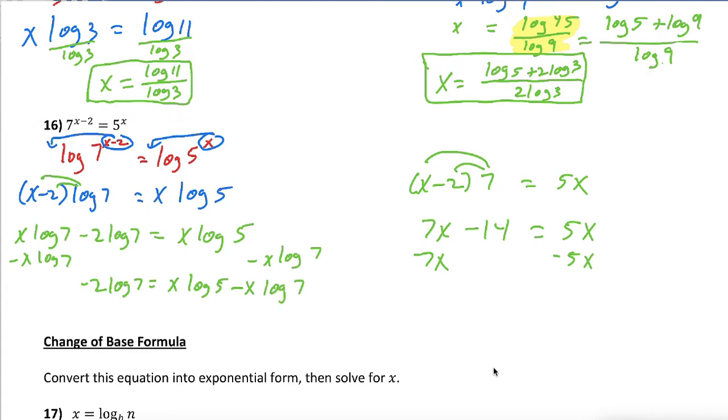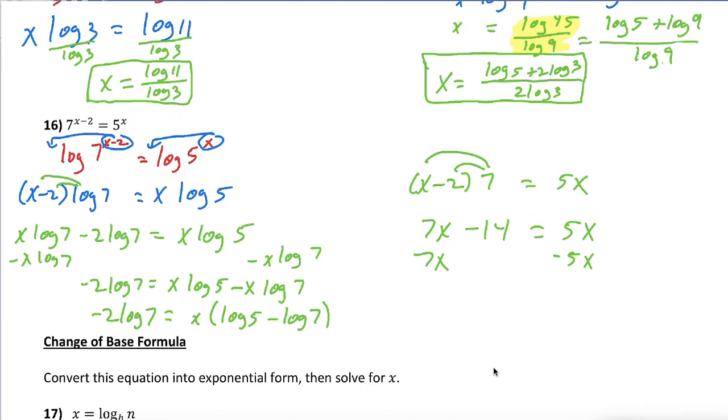But what I can do, and this is similar to an example we've seen recently, when I have that x log of 5 minus x log of 7, I can factor out the x. Which leaves the x almost totally isolated.